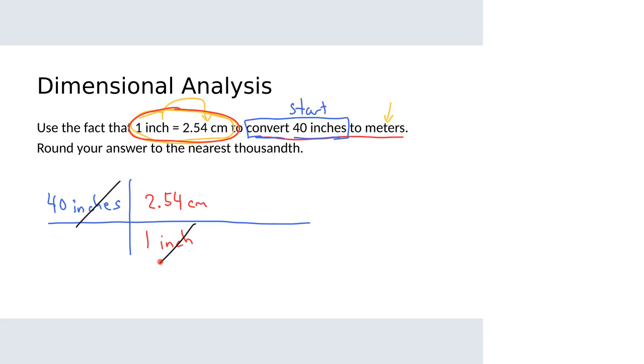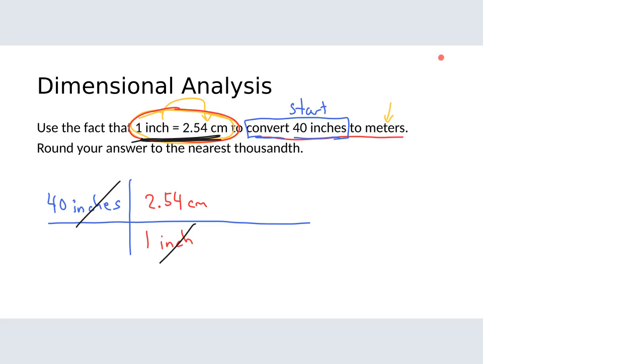I want the inches to cancel, so when I look at this unit fraction, I make sure to put the inches on the bottom. That's how I'm going to get these to cancel. So there's no guessing, there's no random. It's 100% purposeful that I'm going to write down 1 inch and 2.54 centimeters. I just have to decide which one goes on top and which one goes on the bottom.